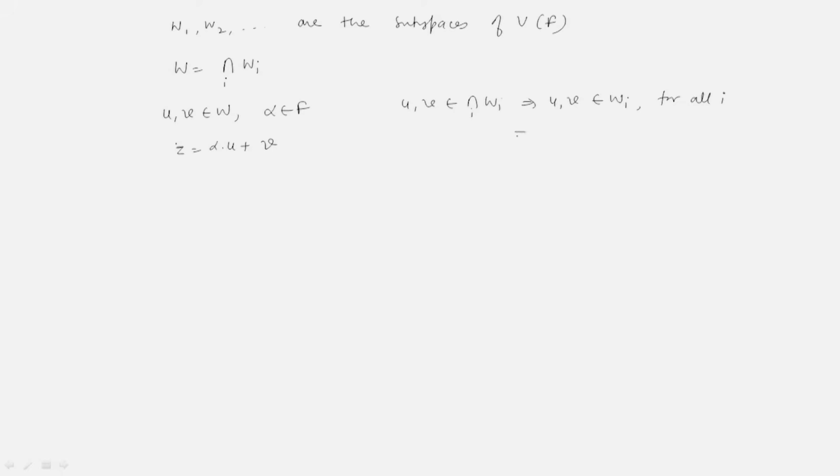And this implies alpha dot u plus v belongs to Wi for all i, because all Wi's are subspaces of V, so each must be closed with respect to addition and scalar multiplication. So, Z belongs to Wi for all i, and this implies Z belongs to the intersection of Wi, that means Z belongs to W, and that means W is a subspace of this vector space V.